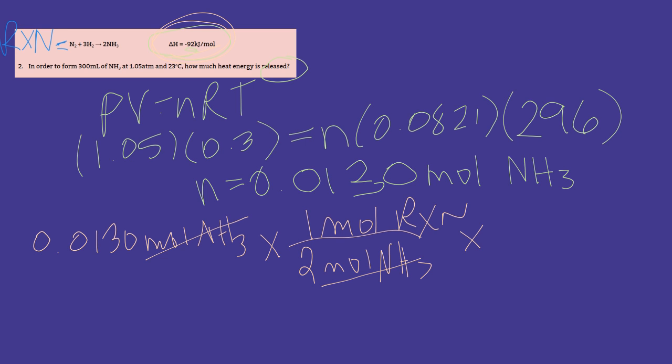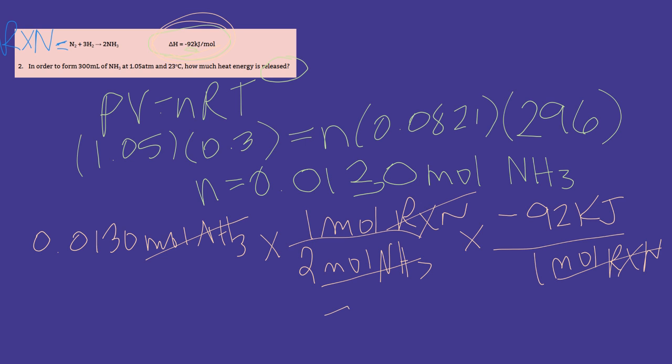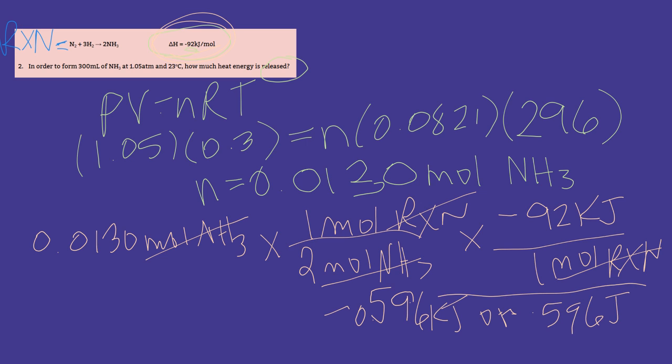Now we're in moles of reaction, and there is negative 92 kilojoules per 1 mole of reaction. Now it's just a matter of dividing by 2 times 92, and we get negative 0.596 kilojoules. Because this is energy released, it's negative. You're giving off heat energy, or you could do 596 joules if you want to convert it back and make sure that negative sign is still there.